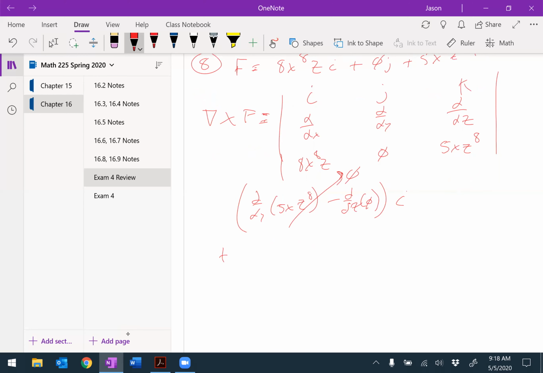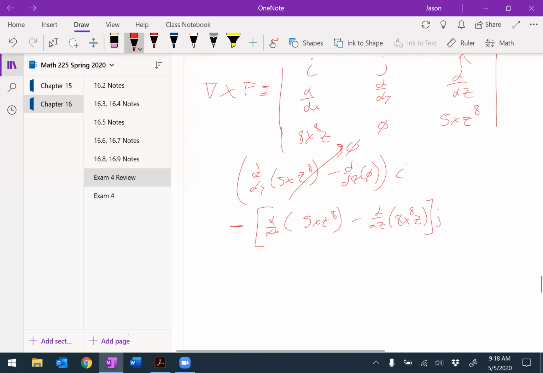Minus, what's j going to be? j is going to be d dx of 5xz to the 8th, minus d dz of 8x to the 8th z. Okay, j.